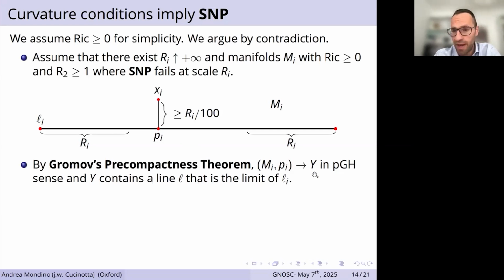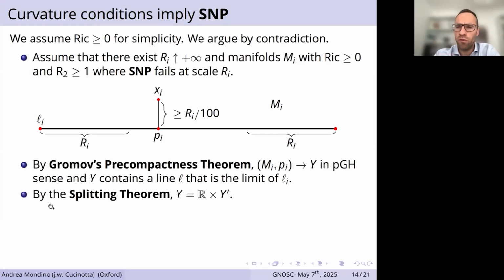Now this limit space Y is a limit of manifolds with non-negative Ricci. So we can apply the splitting theorem, which was proved for Ricci limit spaces by Cheeger-Colding, and infer that this limit space Y splits off an R factor isometrically.